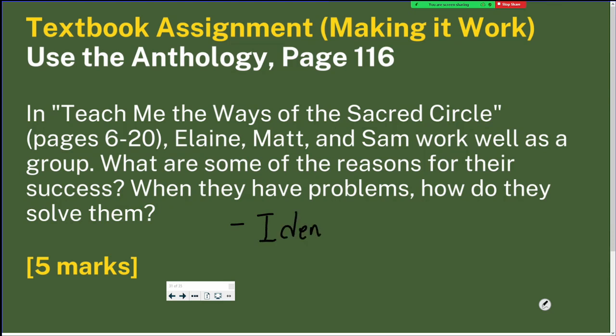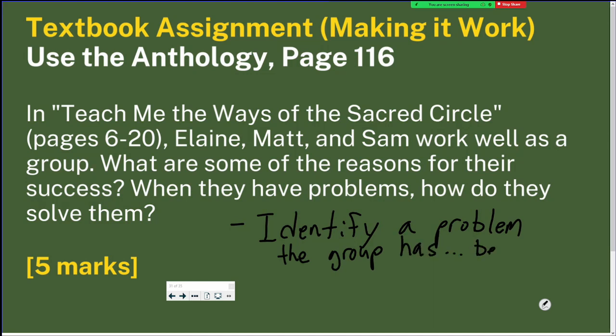First you have to identify a problem. Identify a problem the group has. Be specific. If you can find a problem this group has, then that's half the battle, right?